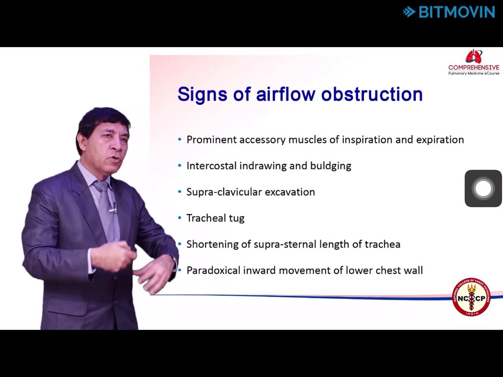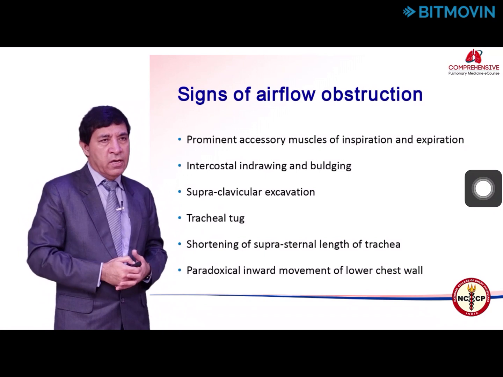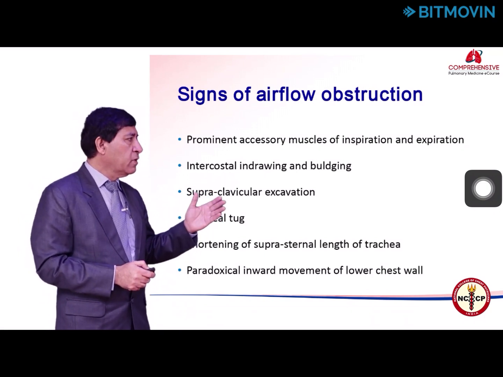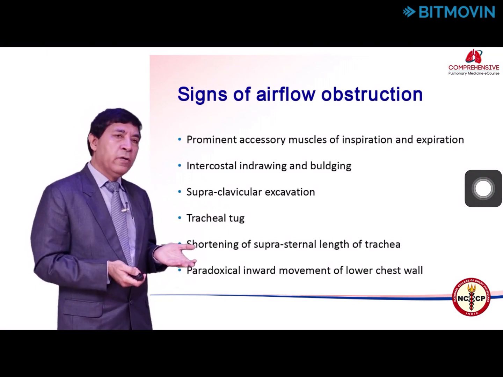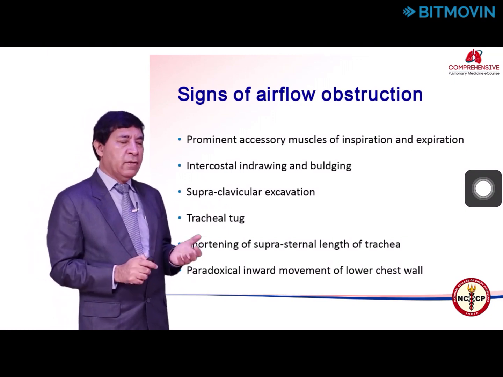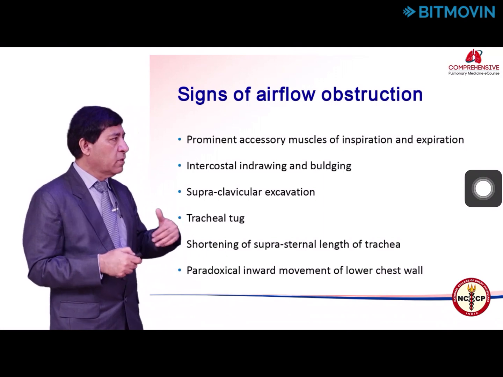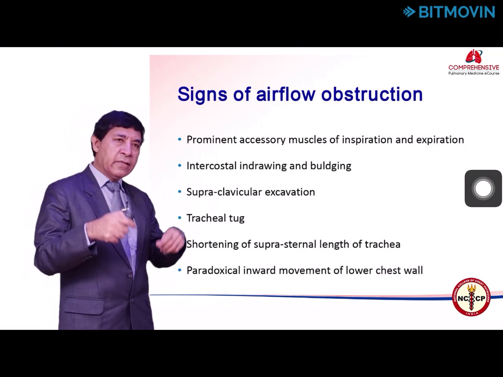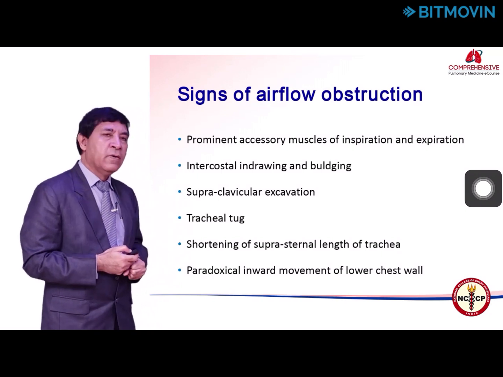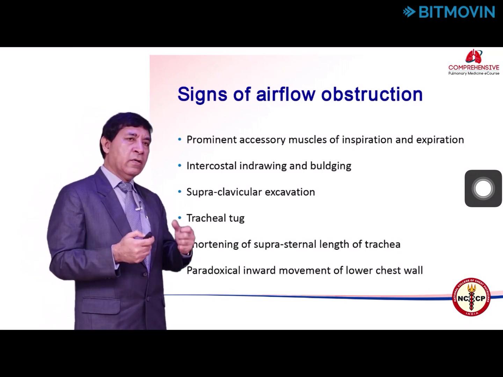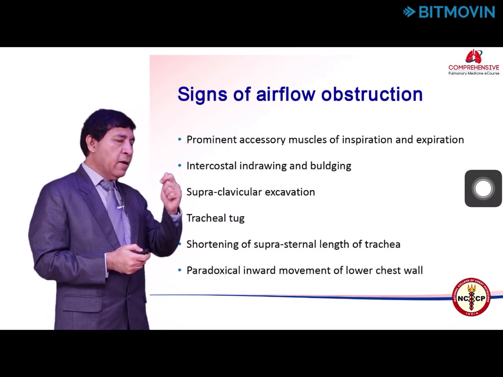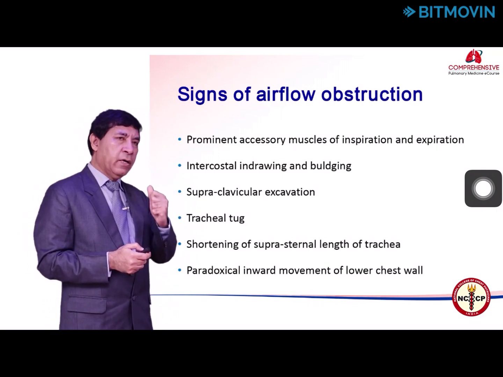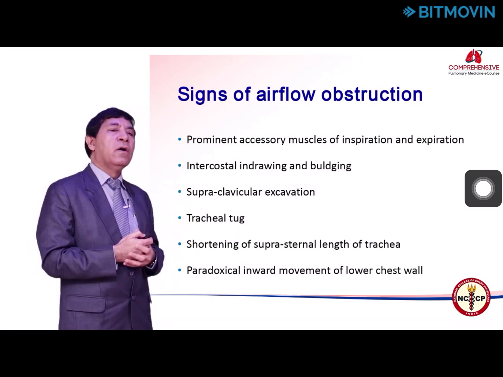So they will show this marked fluctuation in their pleural pressure. When there is an extra negative pressure during inspiration, they will have intercostal indrawing, and when they have extra positive pressure during expiration, they will have intercostal bulging. There can also be supraclavicular excavation due to the negative pressure which is sucked in, and even the trachea as a whole can be sucked in with each inspiration, or it can be significantly sucked in with the hyperinflation.